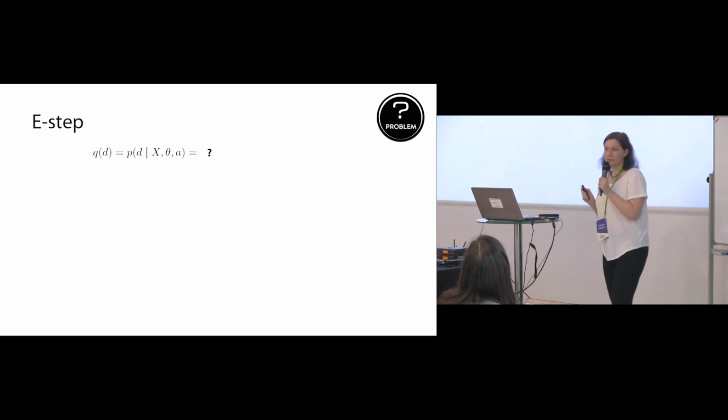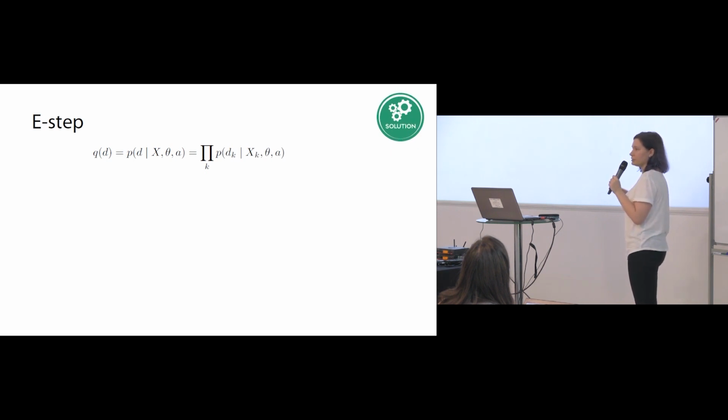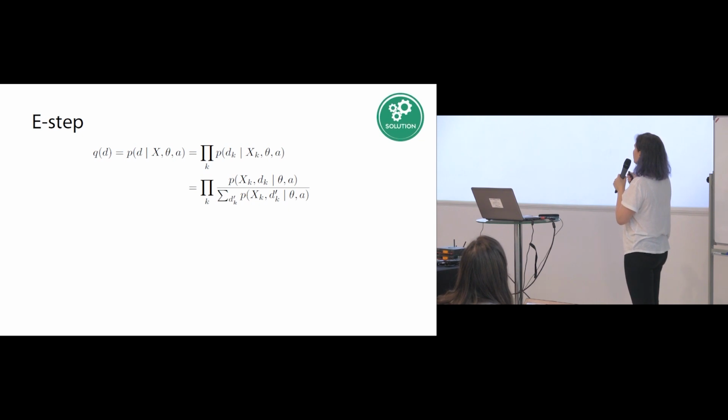Okay, expectation step. Here you need to compute the posterior distribution of your latent variable d. First we use the fact that all the images are generated independently, so we have a product here. Then we use two rules.